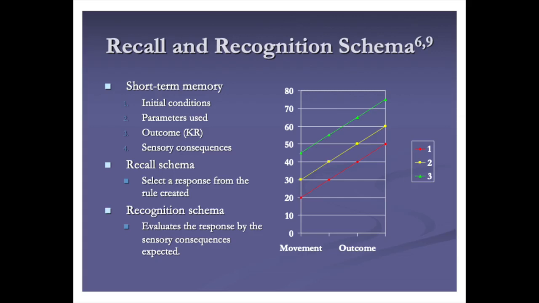And the things that we have to recognize every time we do an activity from this short-term memory are initial conditions, the parameters that are used, the outcome, and the sensory consequences. And we just use this information to update our schemas, but it's not stored long-term.